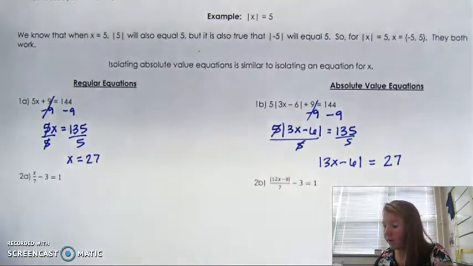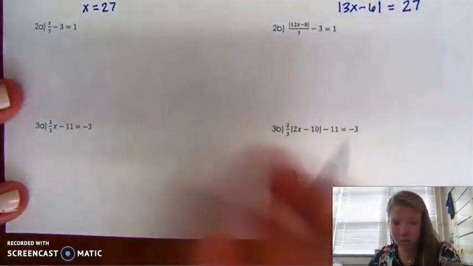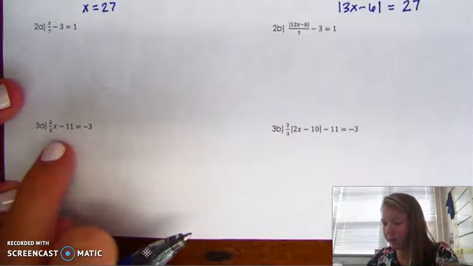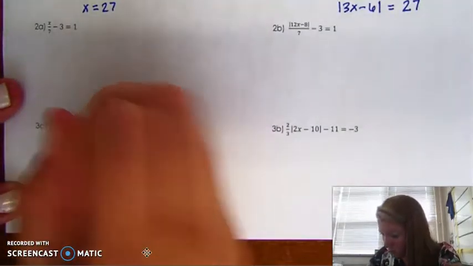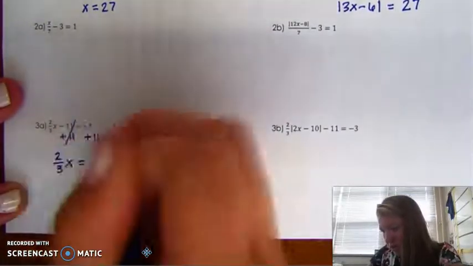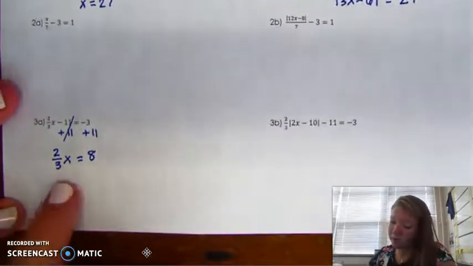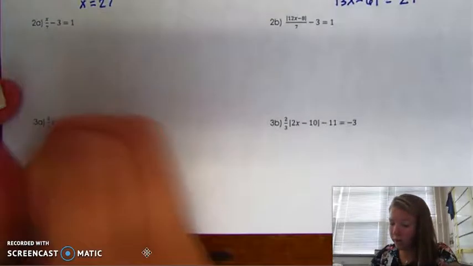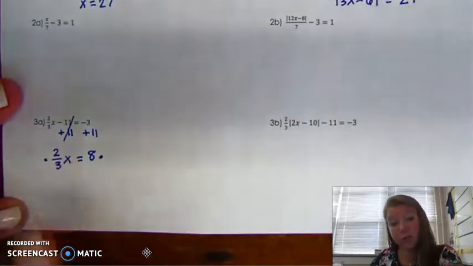There are some more examples here. I'm going to skip down to 3a. You can try 2a and 2b on your own. So for 3a, the first step to solve for x would be to add 11 to both sides. So we're going to get 2/3 x equals +8. Now, to get rid of the 2/3, we can multiply both sides by the reciprocal, which is just the flipped fraction of 2/3.